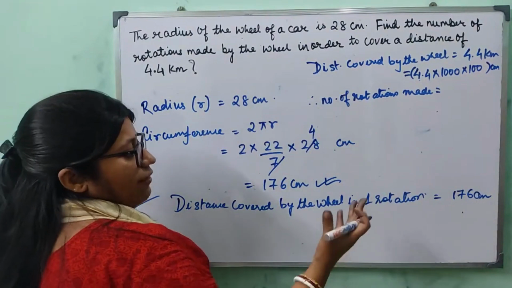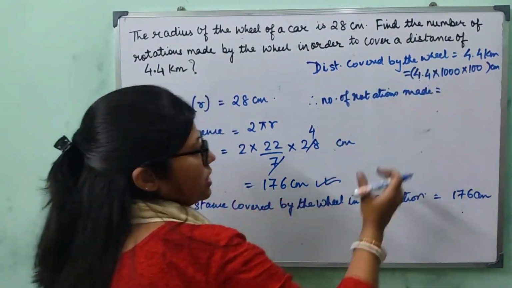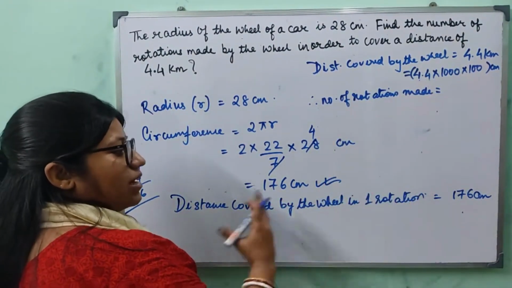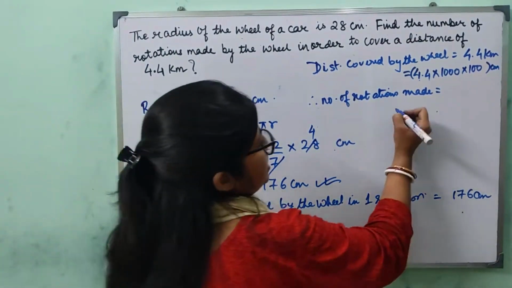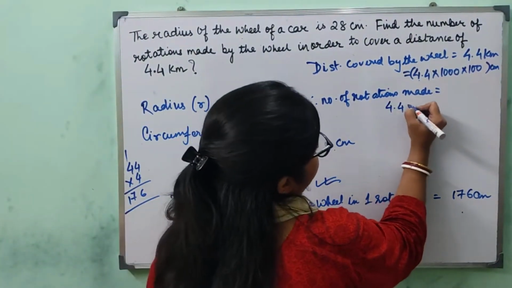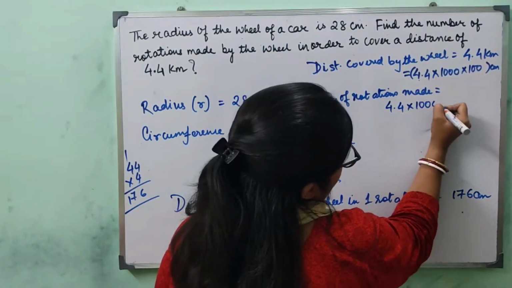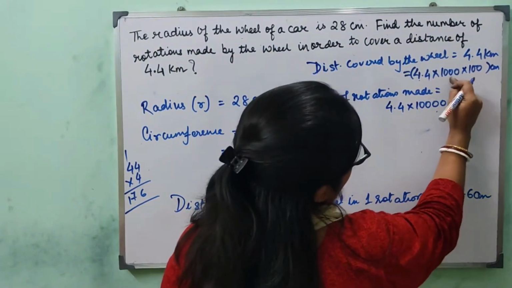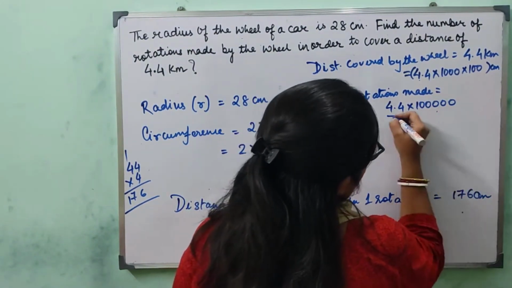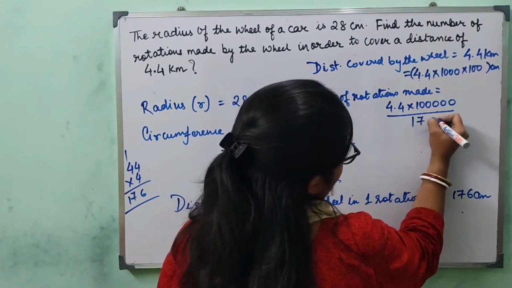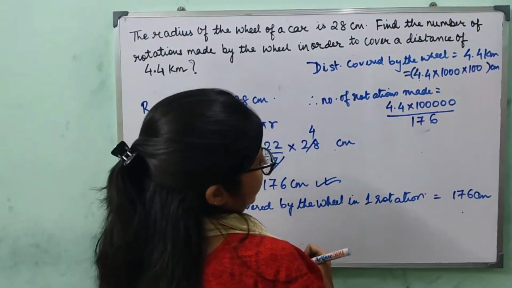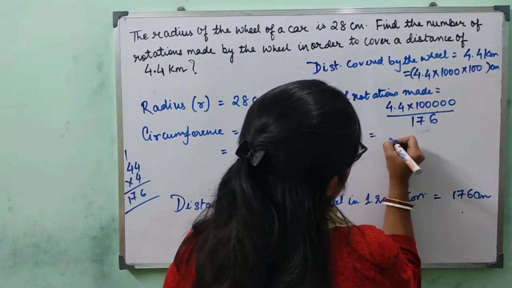So we have to divide the total distance covered by the distance covered in one rotation. That is 4.4 into 100,000 by 176. Alright, so this will simplify.